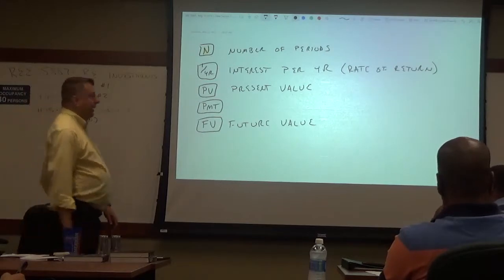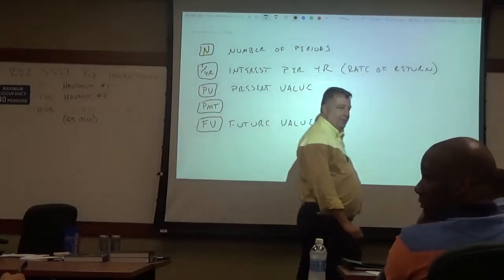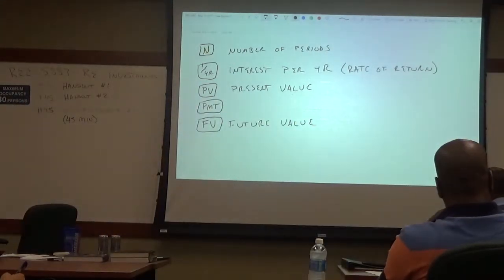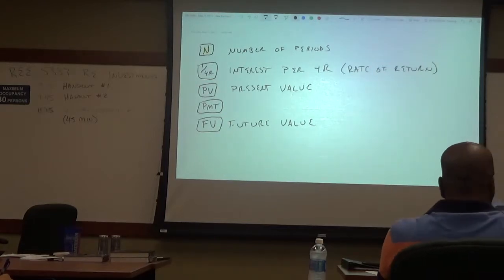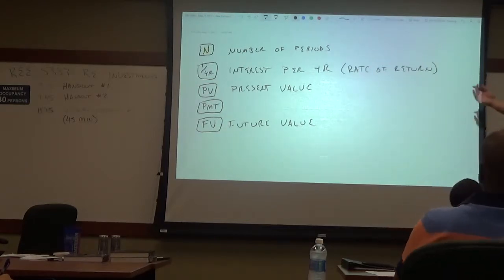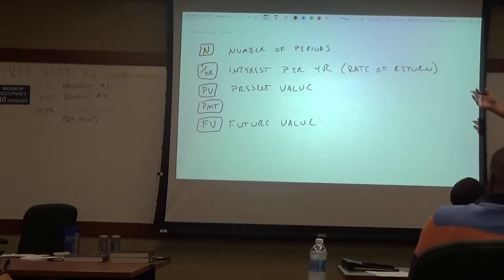Future value is pretty much the opposite of present value, in the sense that this is a forward-looking value of what an asset is potentially going to be worth at some future date. For example, what is the value of a piece of real estate potentially 5 years from now?